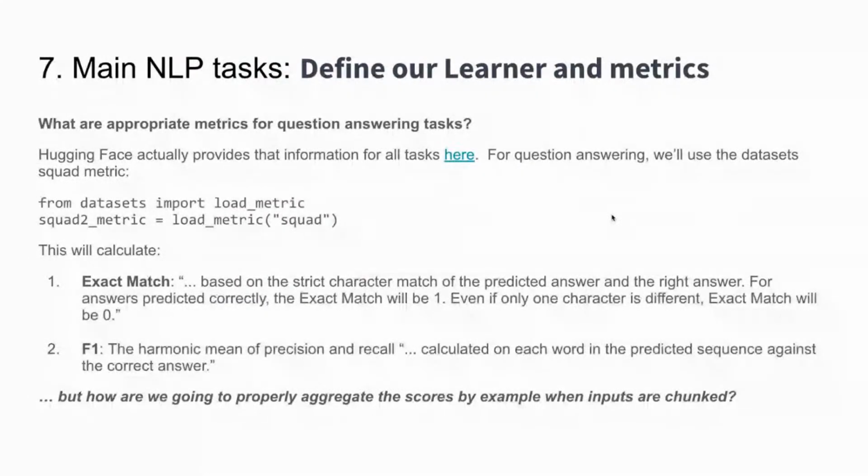Now, this is where it gets fun. When we define our learner, nothing's going to look too crazy there, but our metrics are very different because we're dealing with chunked documents. And if you go through the course, you'll see it is complex to be able to go through it and aggregate by example.